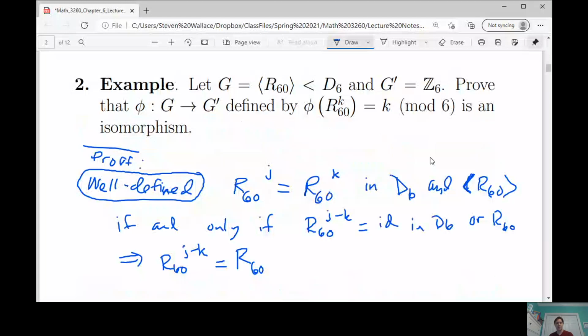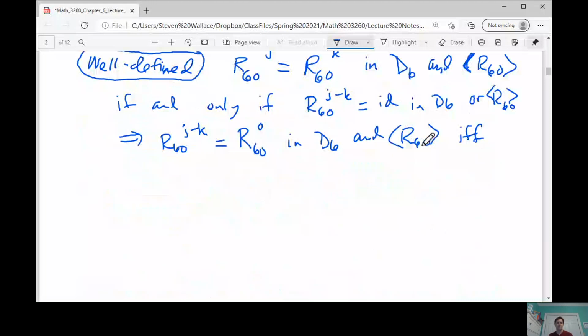But it's a little less obvious there. We can't really say that J minus K is equal to 0, right? Because that's true in D6 and R60 if and only if J minus K is divisible by the order of R60, right?